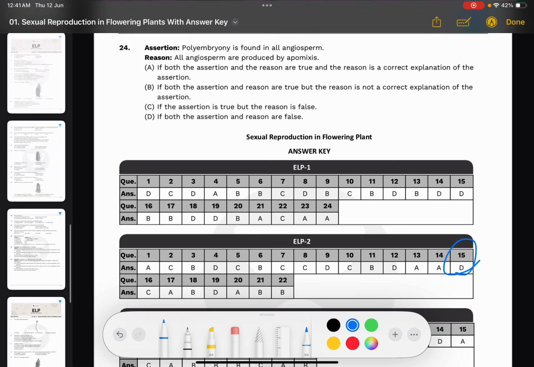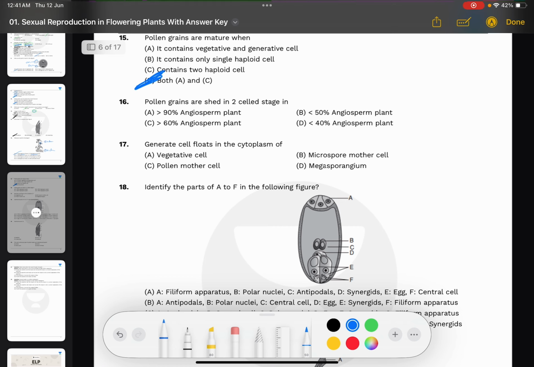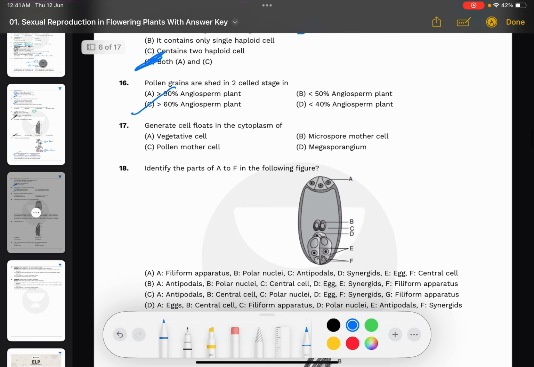Yes, I'm right. Okay, 15D is the right one. Both A and C are correct. It has vegetative and generative and 2 haploids. The pollen grains are shed at the 2-cell stage in more than 60%. C option. Generative cell floats in the cytoplasm of the vegetative cell.